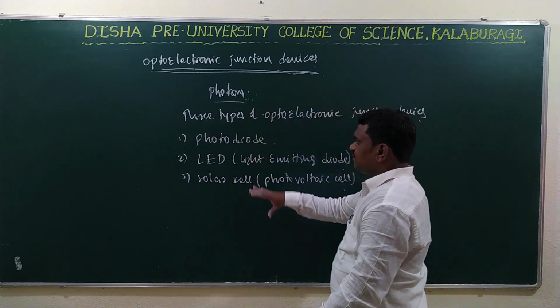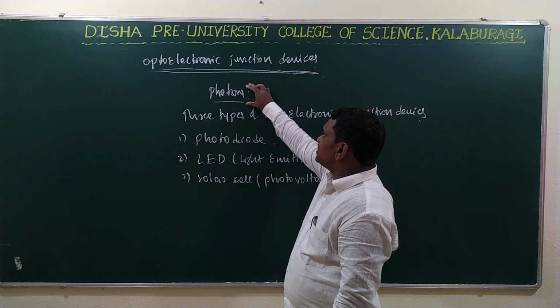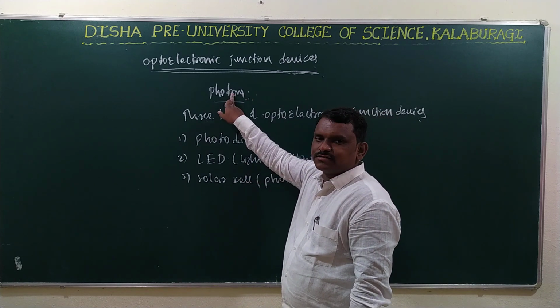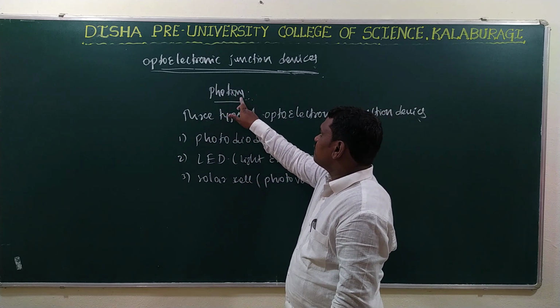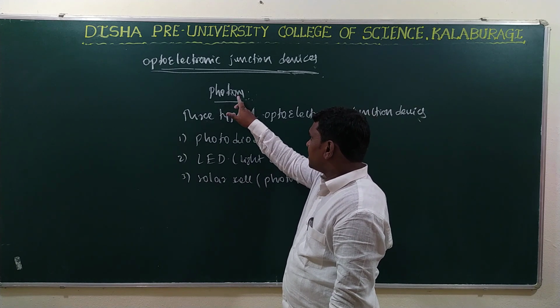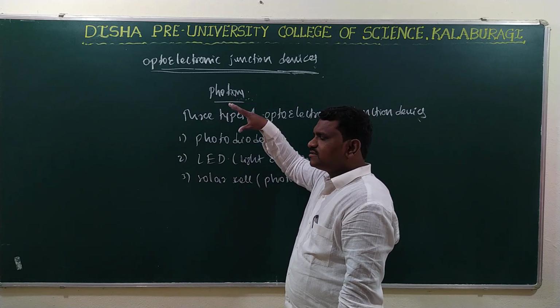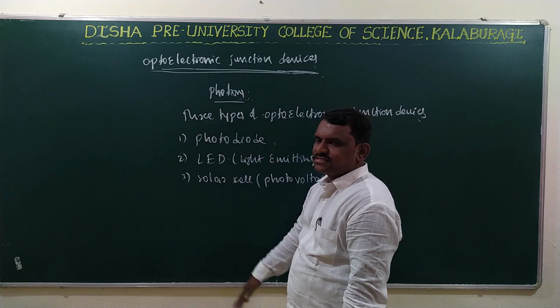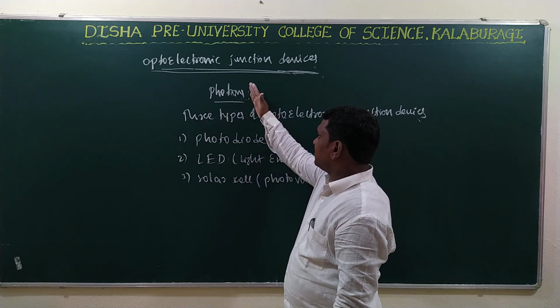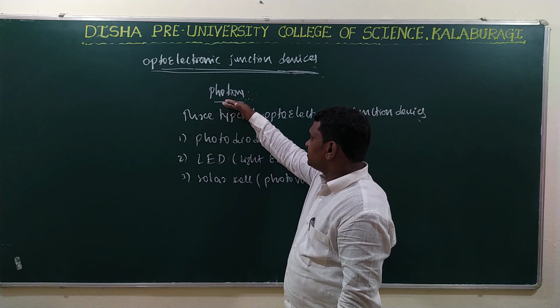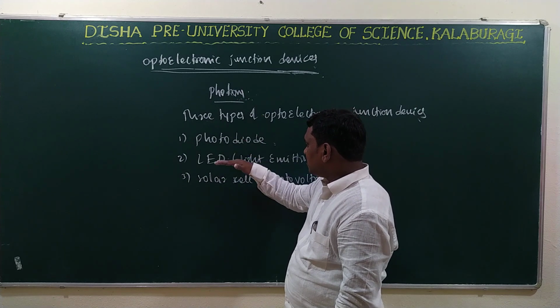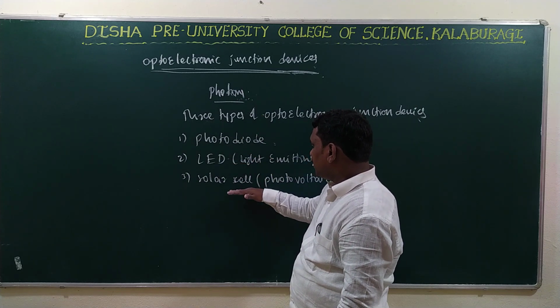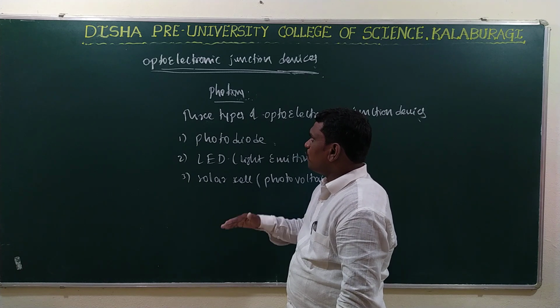In these devices, the charge carriers are the photons. These charge carriers, photons, are chargeless and massless elementary particles. From these photons, the photodiode, light emitting diode and solar cells work.